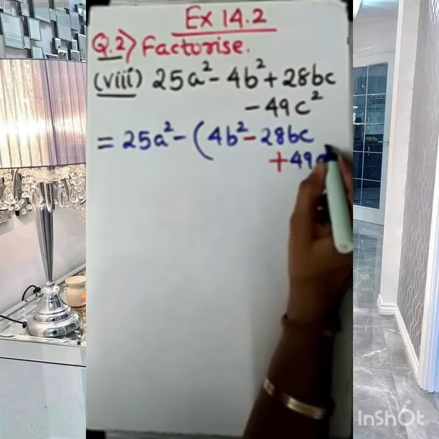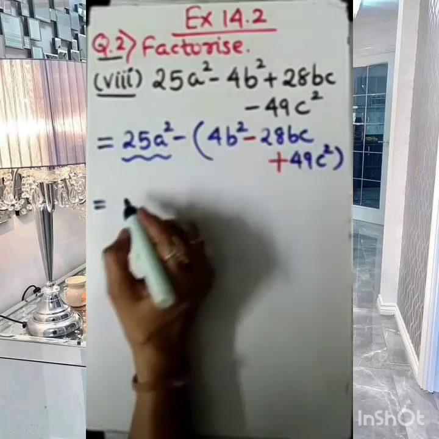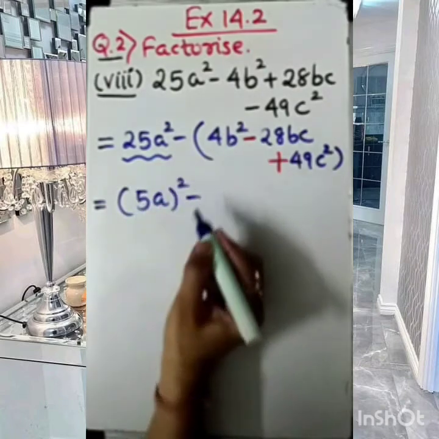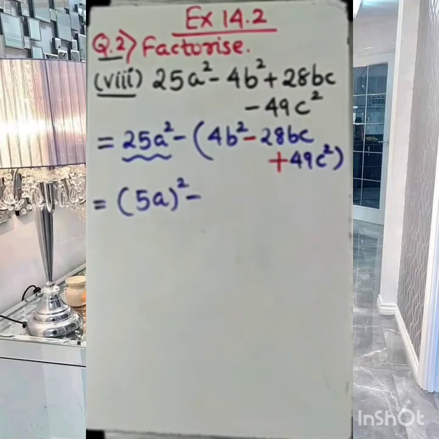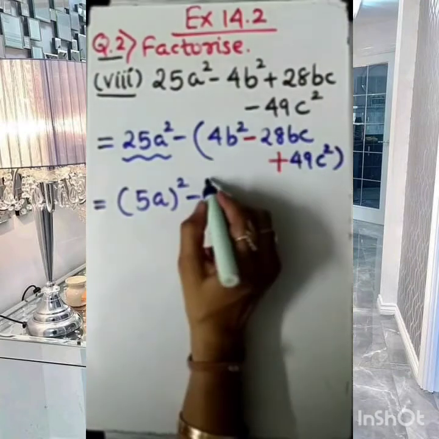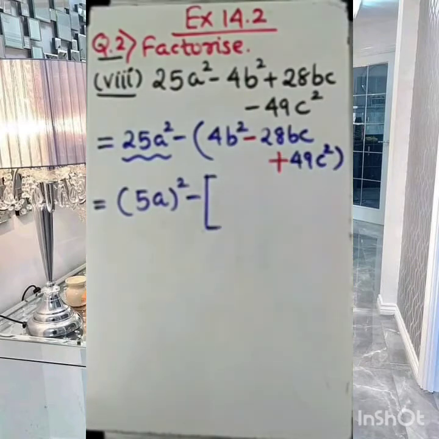Now, what to do in the next step? As we know, 25a whole square is a perfect square of 5a, you know. Reason behind that, 25 can be written as 5 5 25, so it is a perfect square of 5a minus. Now what about this? This is also a perfect square. This is also a second identity we need to apply here. How can we decide the second identity we have to apply?